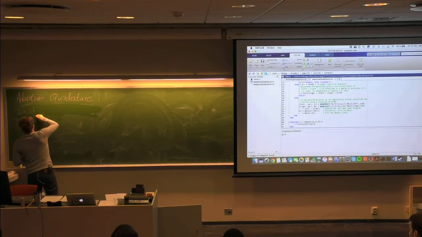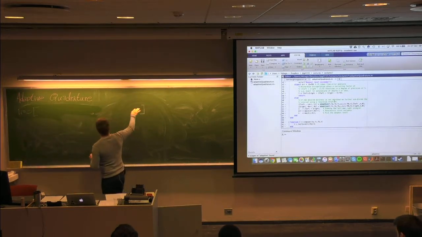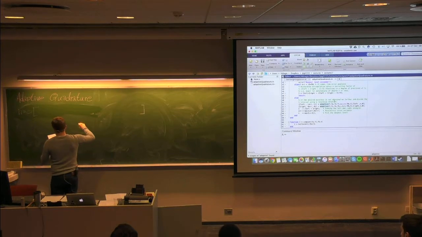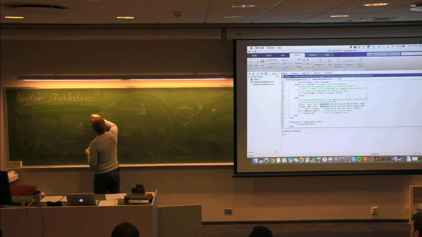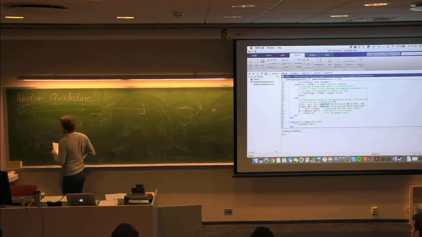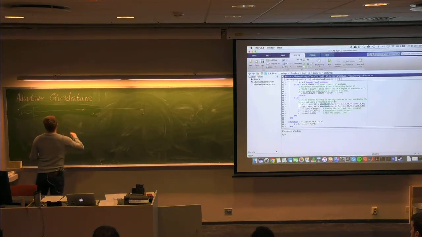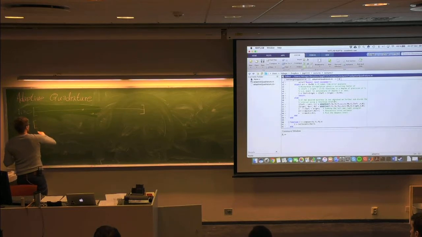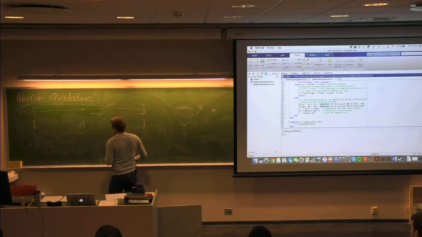Then you have your whole interval like so, and you do just 1. So this is your function. And then when you start calling this adaptive, you split this interval into 2, like so.